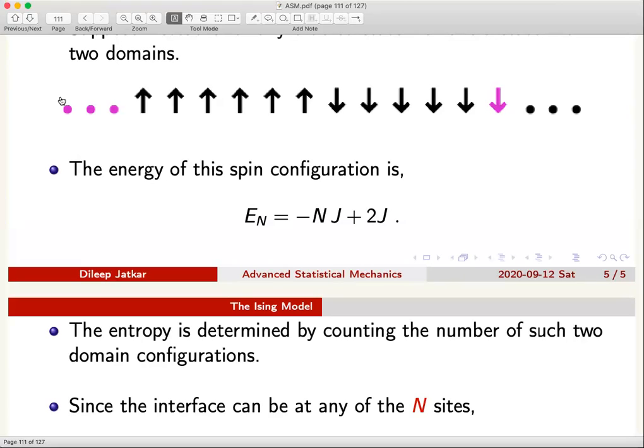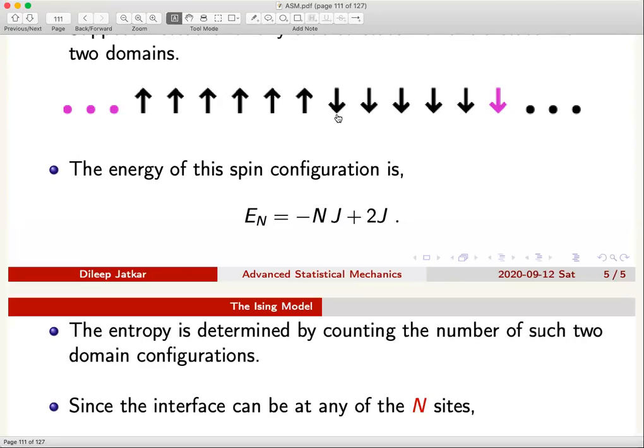Now, where should this interface between two domains be in a system with open boundary condition? The answer is that whatever calculation we did to get minus n times J did not really care about where this fellow was located.